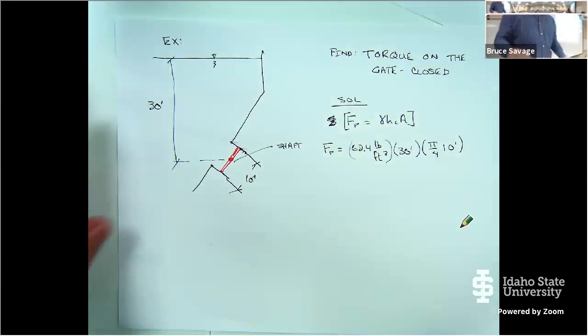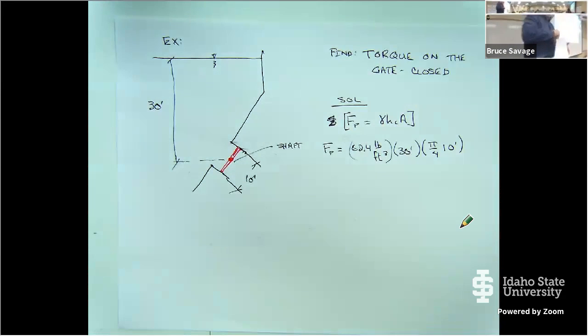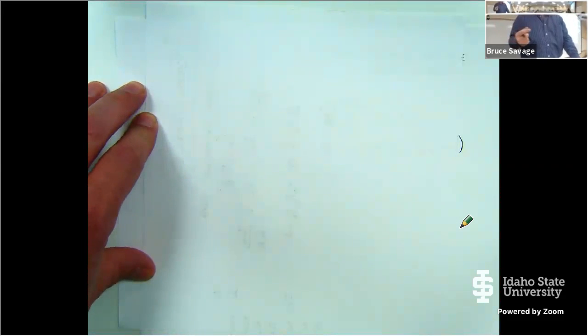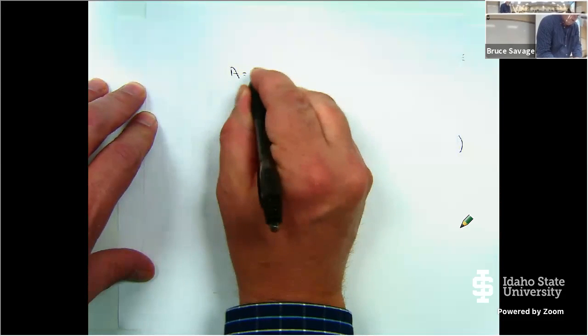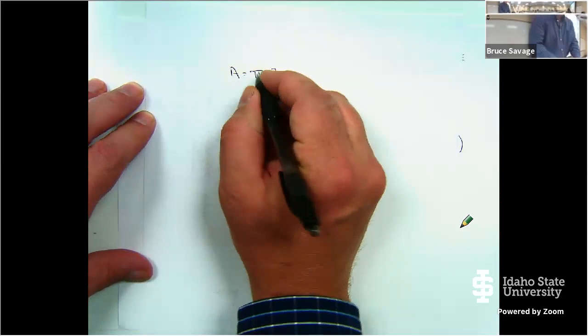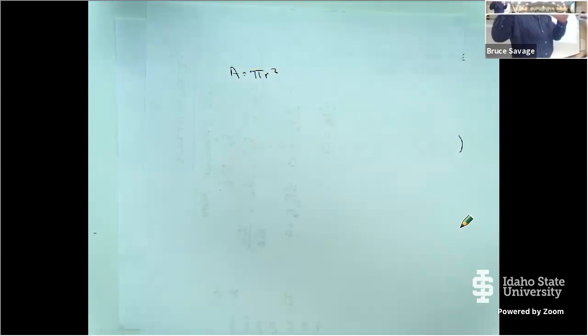So let me just take a quick break here, because if you hadn't had me for fluids, you might be saying, no, the area is pi r squared, right? Which it is. Area is pi r squared for a circular object. But in this class, we're dealing with pipelines. We don't go down to Home Depot and say, give me a one inch radius pipe. We deal with diameters.